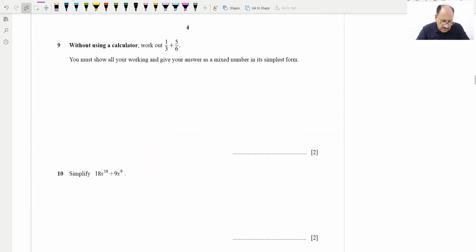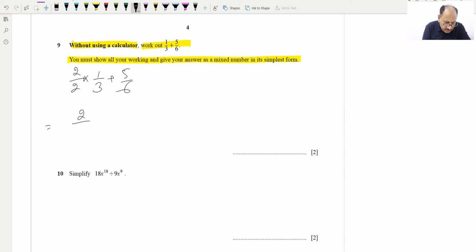Now question number 9. Without using a calculator, work out this one. You must show all your working and the answer should be in simplest form. So 1 over 3 plus 5 over 6. To equalize the denominators, we multiply this side by 2 on top and bottom, and we get 2 over 6 plus 5 over 6, which is equal to 7 over 6.